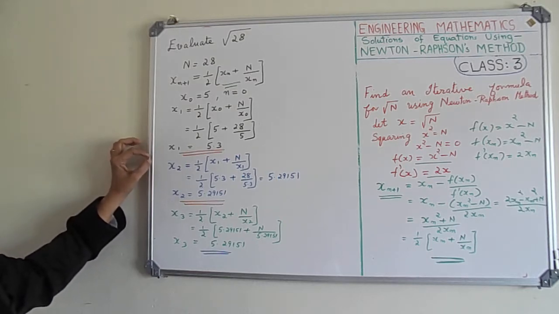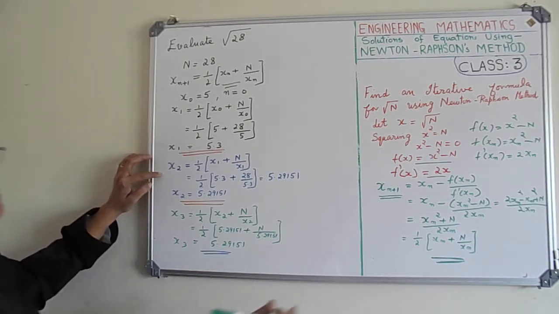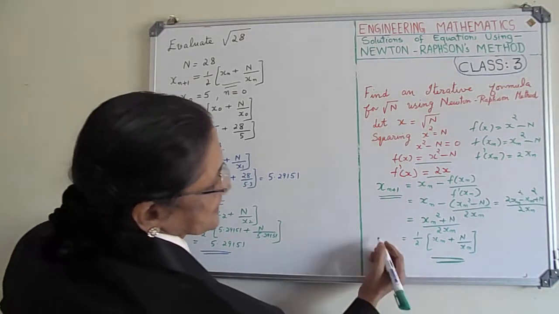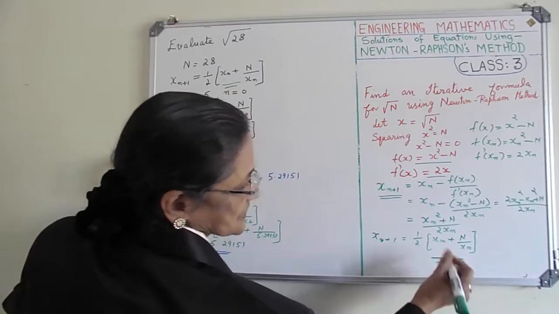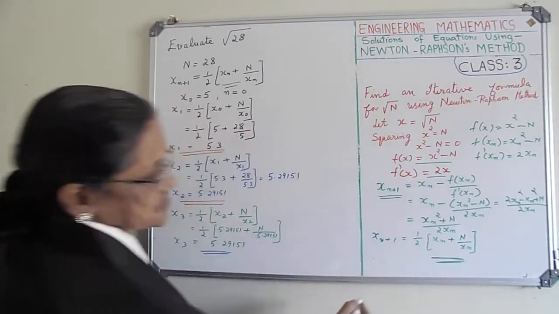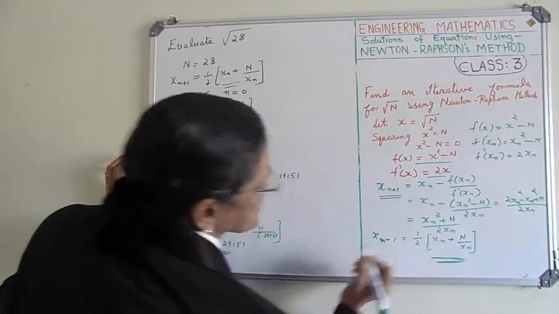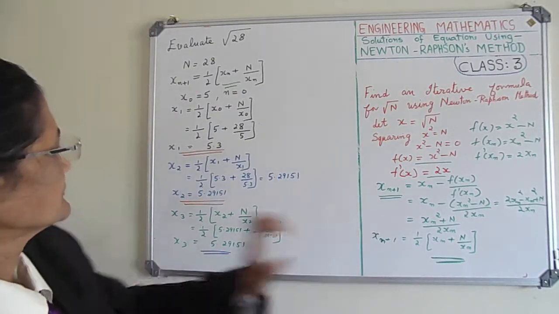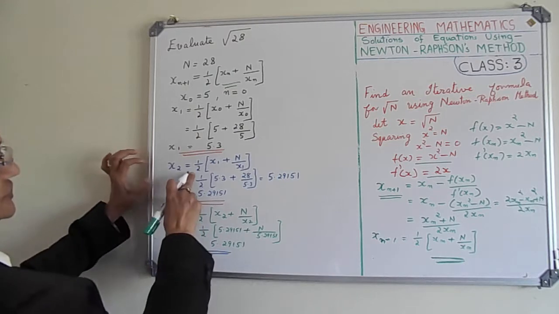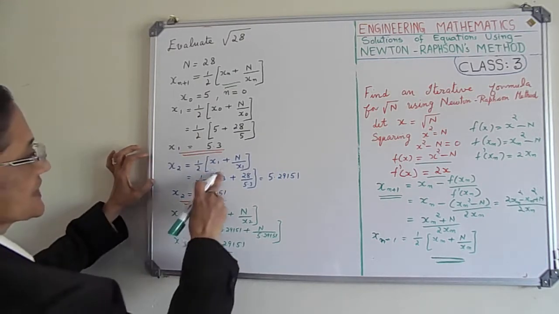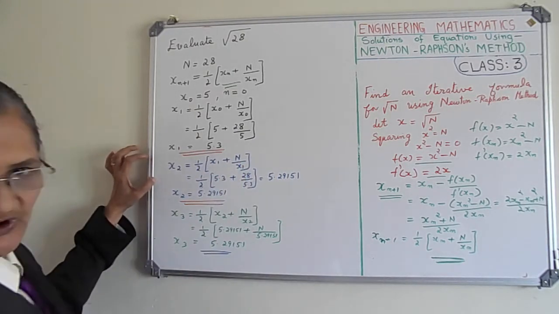This is our x1, the first approximation to the root. Now we can find the second approximation using this formula, x(n+1) is equal to half times (xn plus n upon xn). Here we should put n equal to 1, and we get x2. x2 is equal to half times (x1 plus n upon x1).